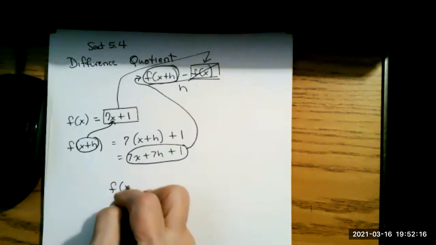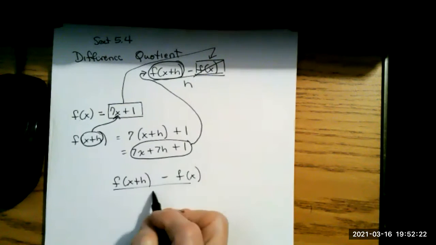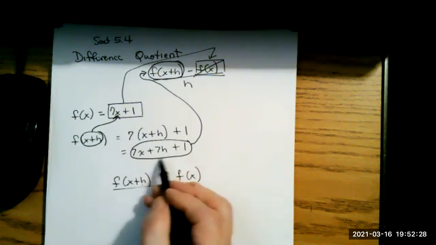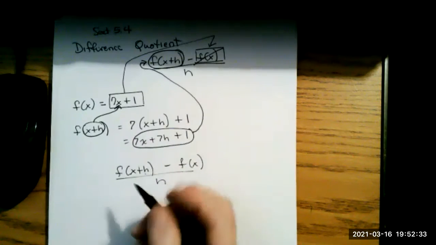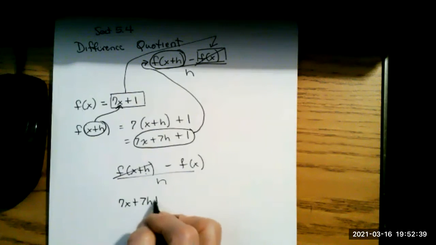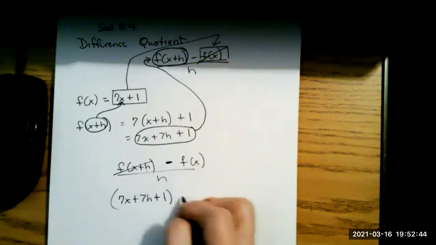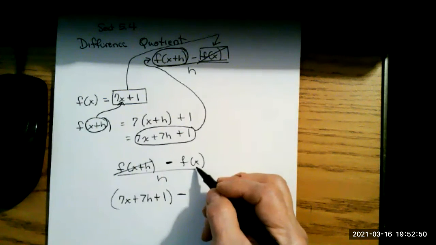So I'm going to rewrite that just so you can see it. So in the f of x plus h spot, am I going to put the circled one or the rectangled one? Circled. The circled one. So I'm going to take this out and I'm going to put 7x plus 7h plus 1. Now the minus is in my problem, I'm going to leave it alone. And I'm going to take out that f of x. Which one am I going to put in for f of x? 7x plus 1.